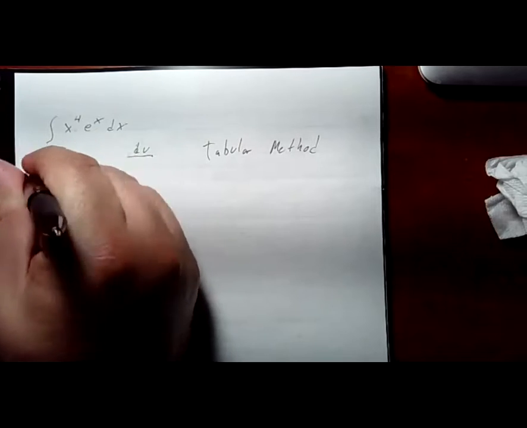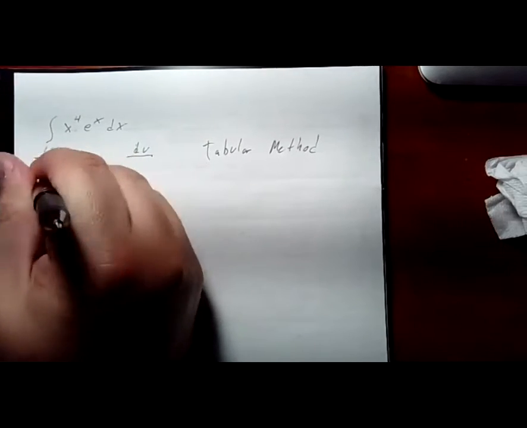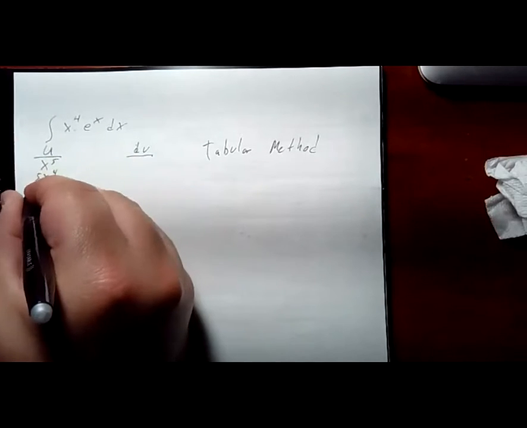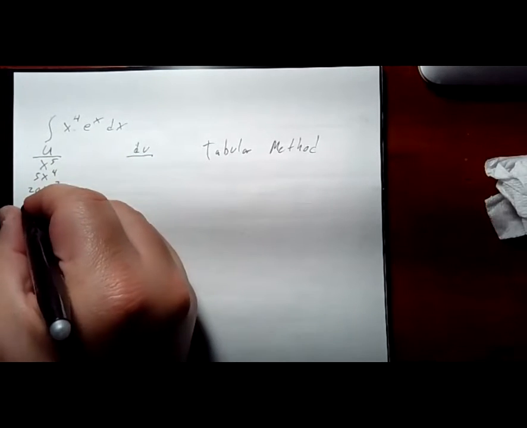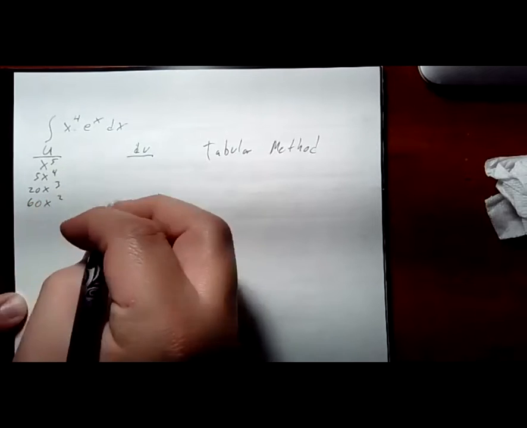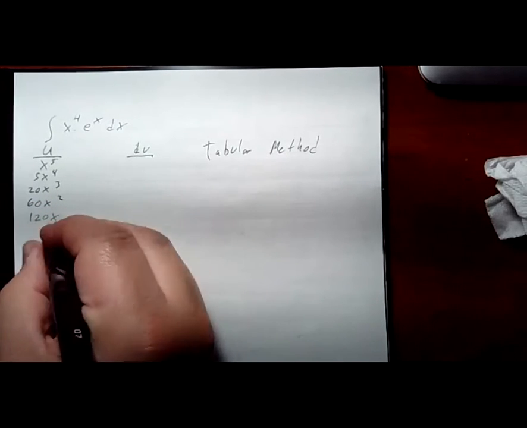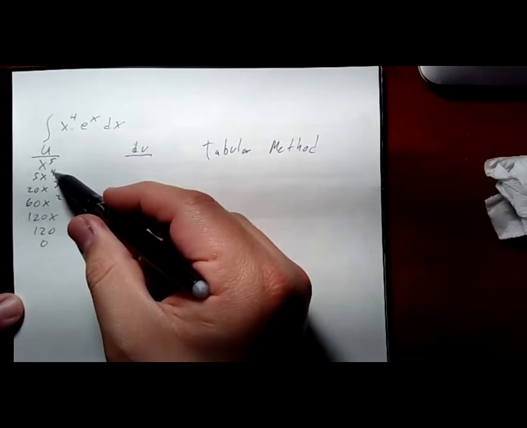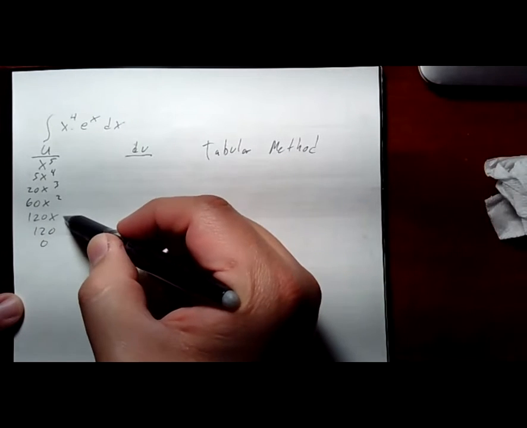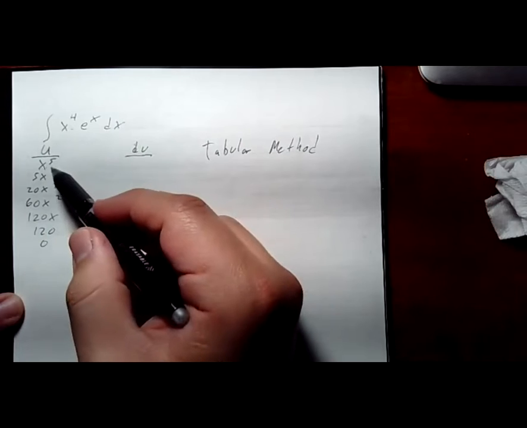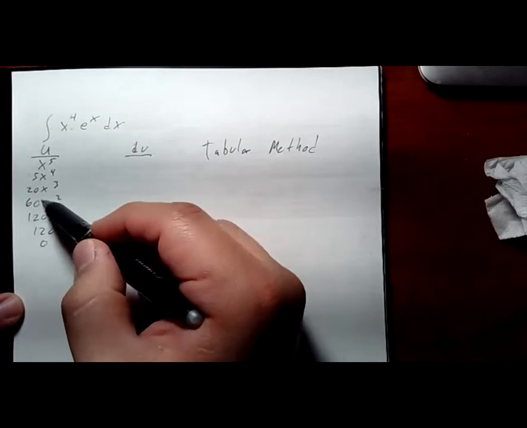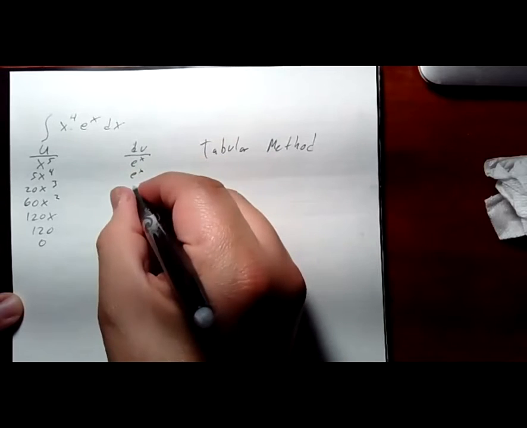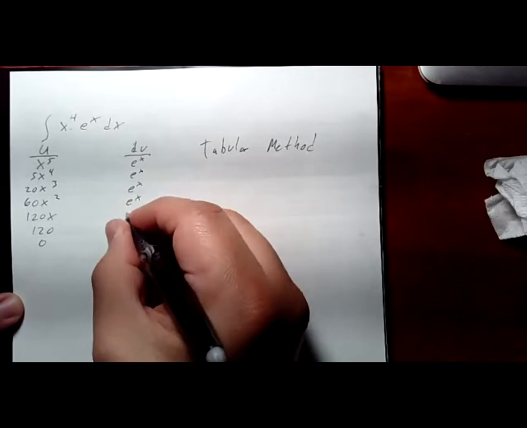Take your time, dude. 5x to the 4th, 20x cubed, 60x squared, 120x, 120 and 0. 5, 4, 3, 2, 1. Nothing. Yeah, we're good. I guess we get to practice the tabular more. That's good news.